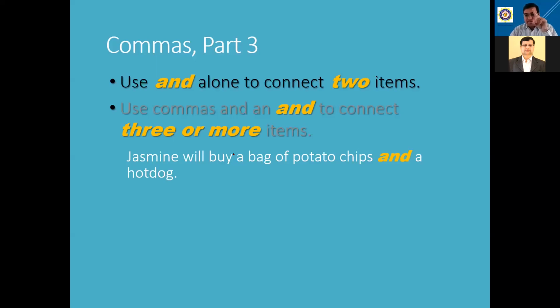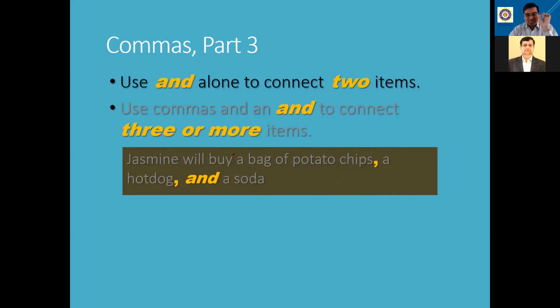Potato chips and a hot dog. Got it? Now see how can we use comma in this statement. Jasmine will buy a bag of potato chips, a hot dog, and a soda. So there are three things, one, two, and third. So before using and, put a comma.